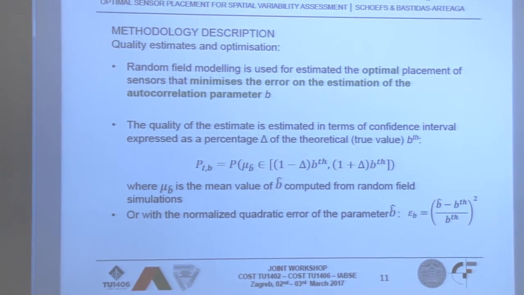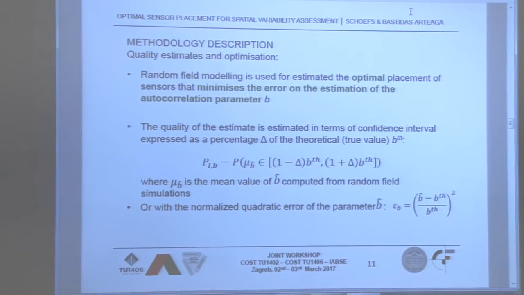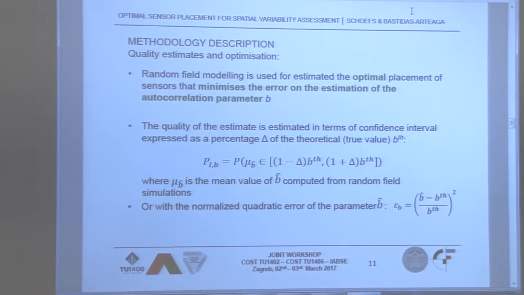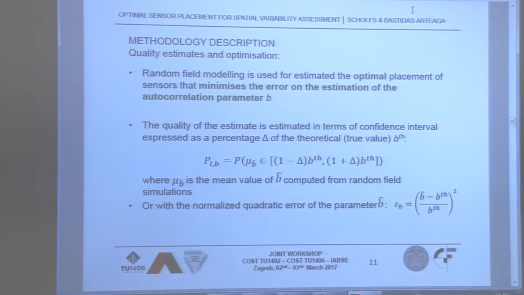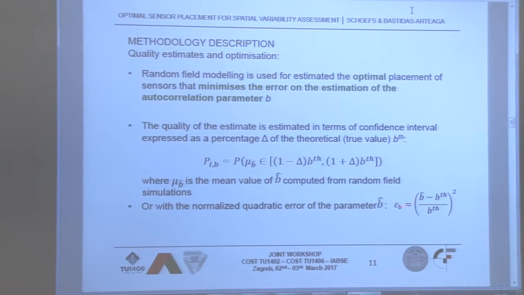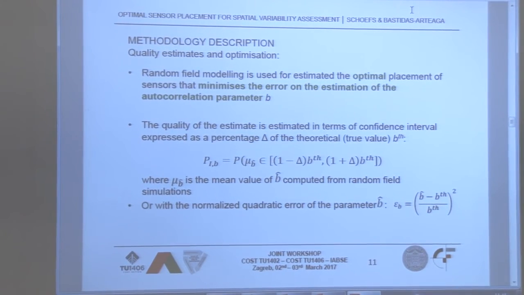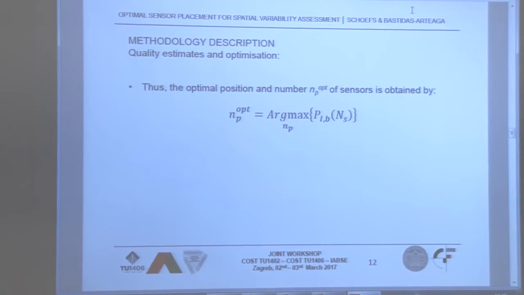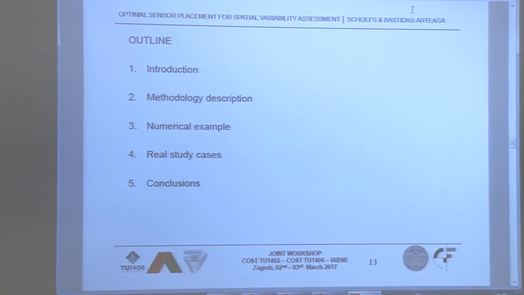Another estimate could be the error on the parameters, so the quadratic errors that we make from experimental values, knowing the theoretical value that has been put in the model. If we want to optimize the number and placement of sensors, we have to maximize this probability inside the confidence interval.